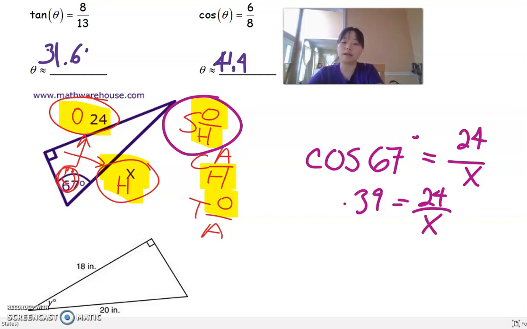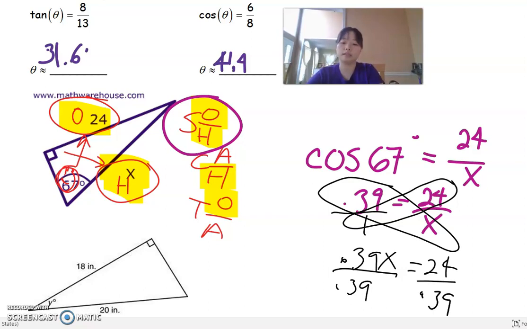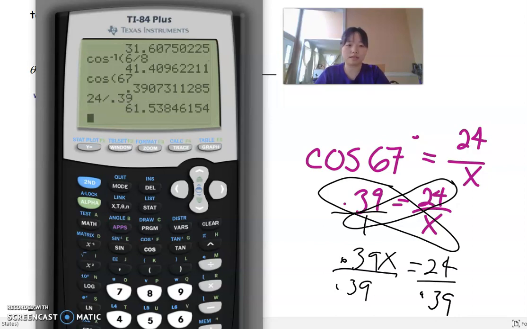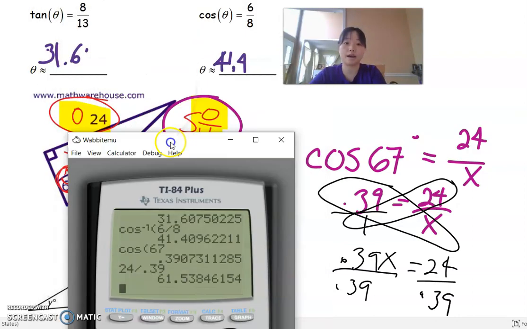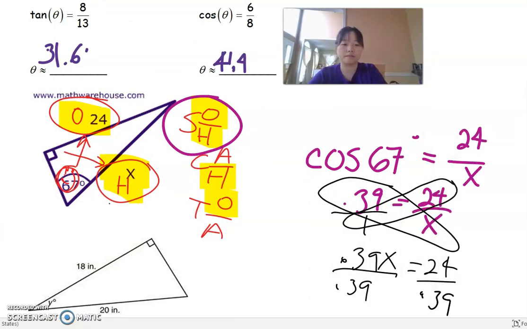Cross multiply, put it over 1: 0.39x equals 24. Divide by 0.39. 24 divided by 0.39 is 61.5. So x is 61.5. And it makes sense because the hypotenuse is the longest side, right?